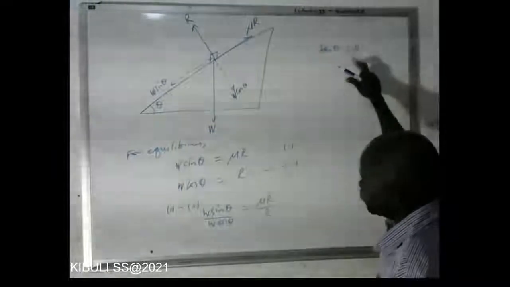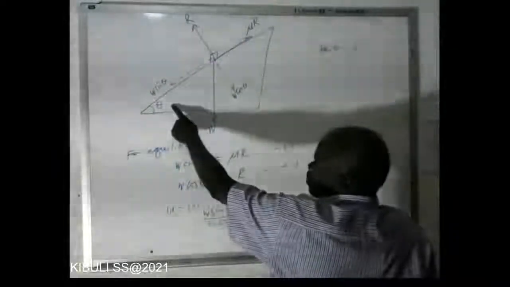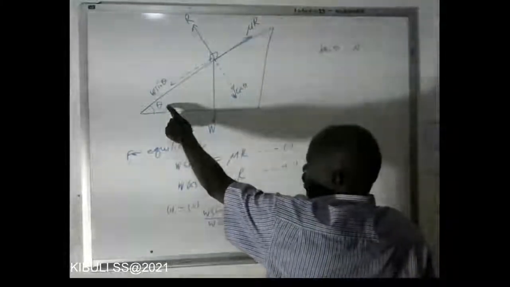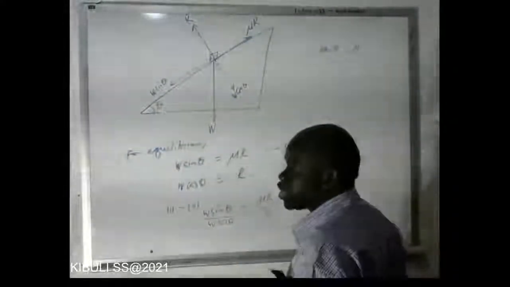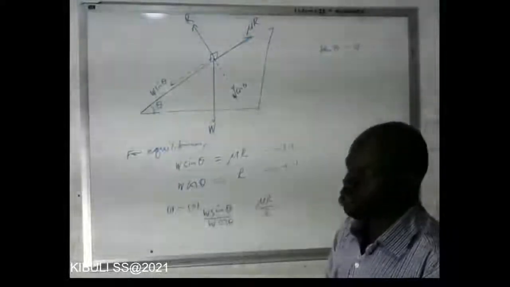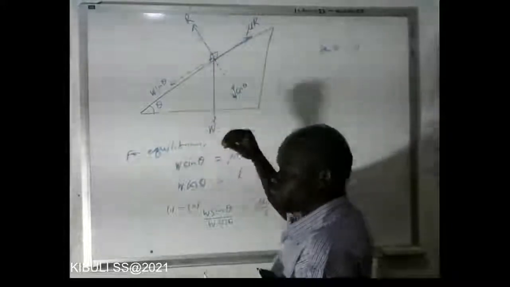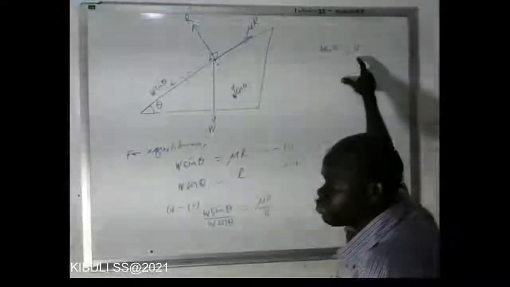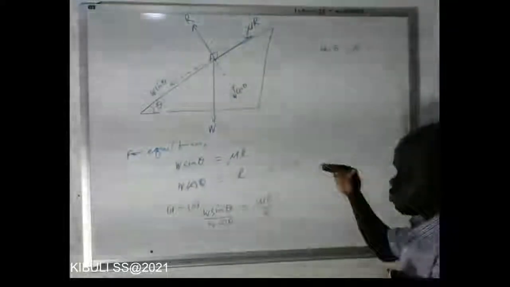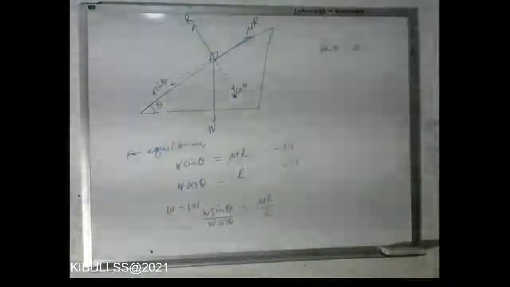Otherwise, if the tangent of this angle is greater than the coefficient of friction, the body will slide down on its own. And if the tangent of this angle is far smaller than the coefficient of friction, the body will not slide. The body will remain at the same position.